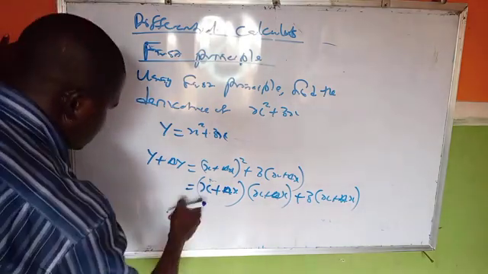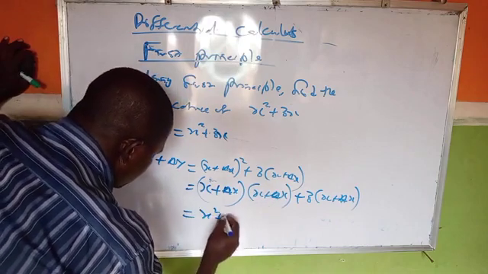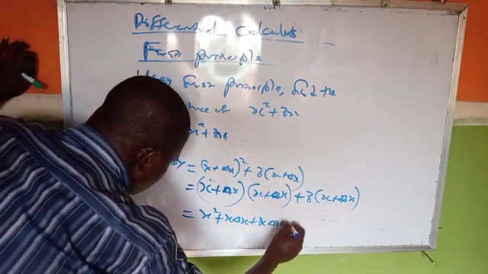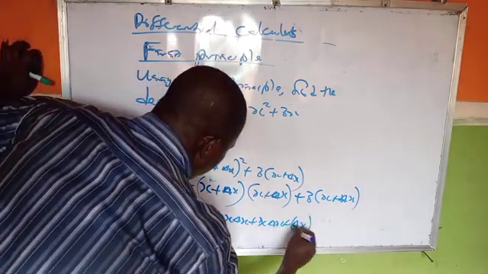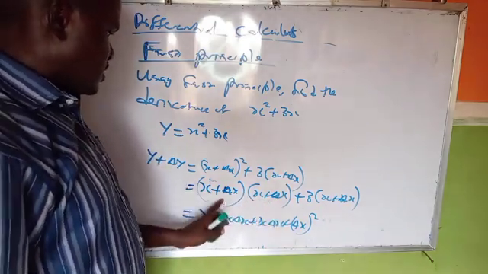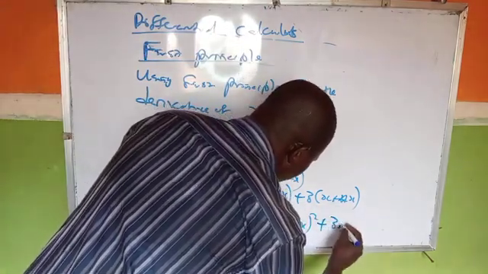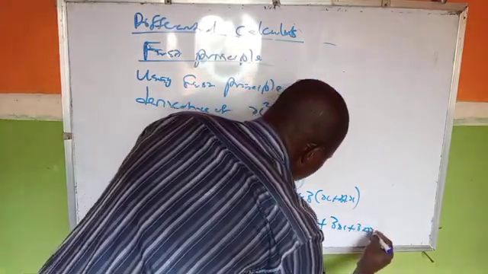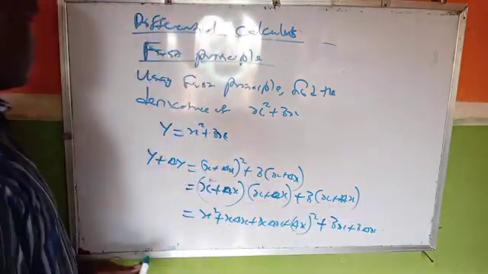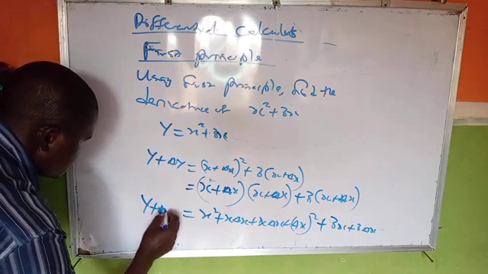If you multiply it out, this multiplied by this, you will have x squared, x change in x, x change in x, plus change in x squared. Then for this, you have 3x plus 3 change in x. So this is what you have: y plus change in y.